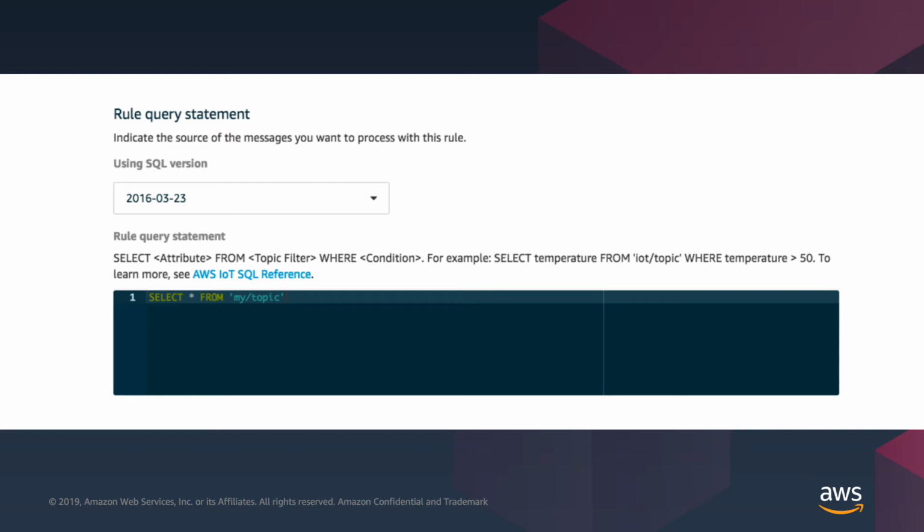Then in the rule query statement, in this example, we enter a SQL query: select star from my topic, so select all from my topic. The select all specifies that you want to send the entire MQTT message that triggered the rule from my topic, which is the topic filter. The rules engine uses the topic filter to determine which rules to trigger when an MQTT message is received.